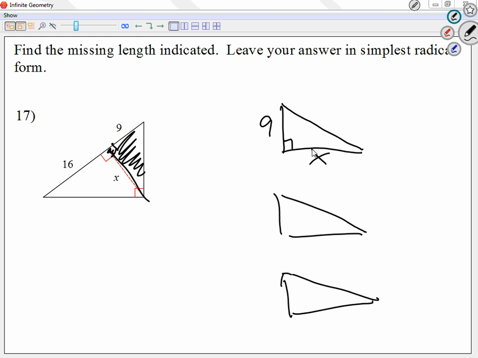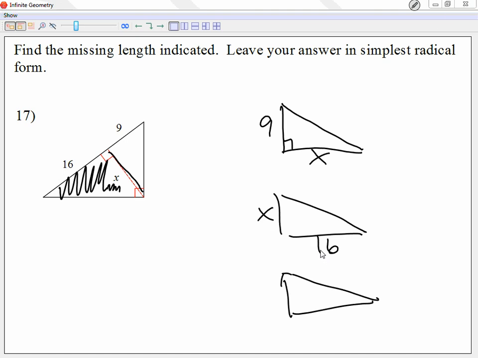So I have that triangle. If I look at the middle triangle, this one, if you spin it around to match this figure, this is your x, and this is your 16. You might need to rotate it to do that.